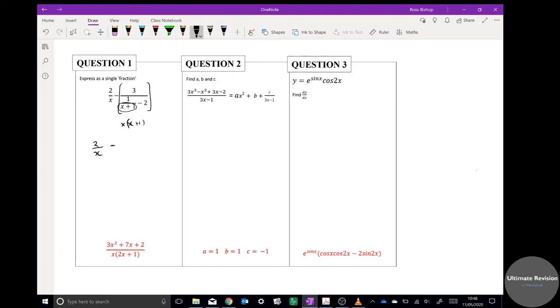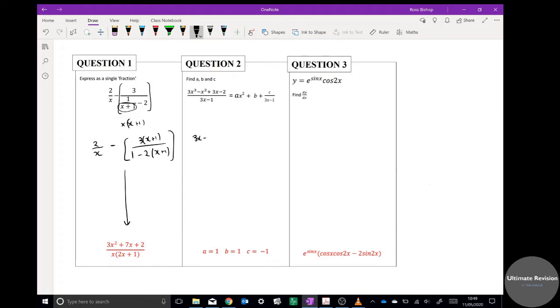So you get 2 over x minus, so that's going to be 3 over x plus 1, and then on the bottom you're going to go 1 minus 2 over x plus 1. And then if you multiply that out, simplify it all, get a common denominator, you should end up getting there. This one here, you need to start by doing algebraic division, and then you're going to split it up and hopefully get the right answer there.